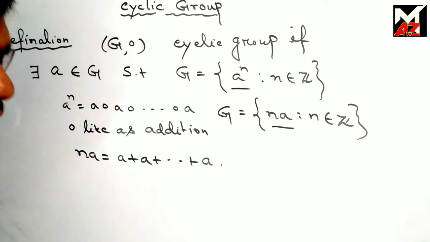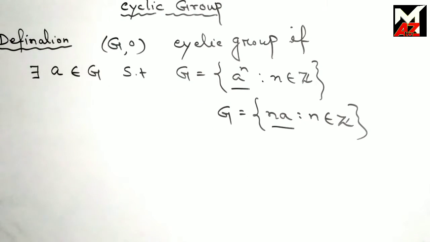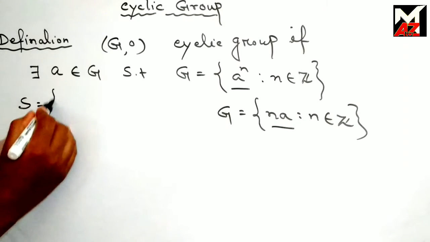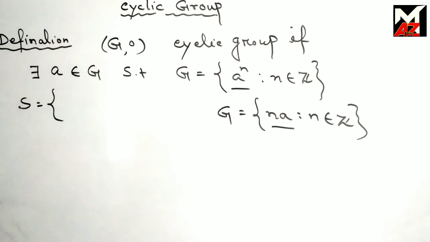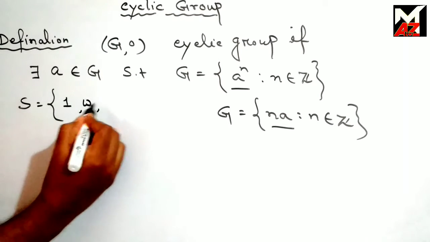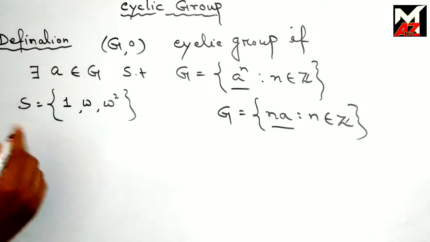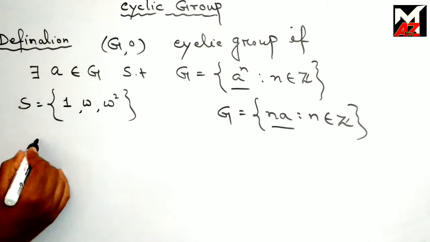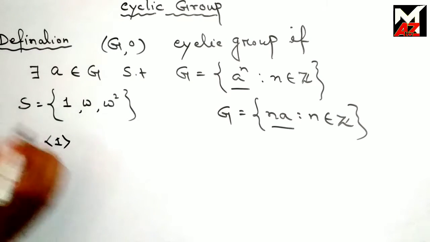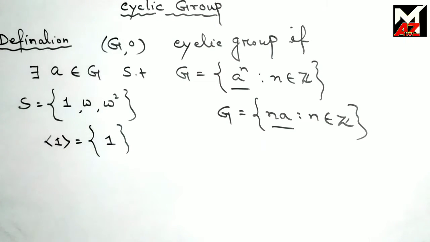Now we go to the example of cyclic group. We first consider a very easy example. We consider the set S of cube roots of unity, and we all know it has three elements: 1, omega, omega square. Now if we generate 1, then we get only 1.